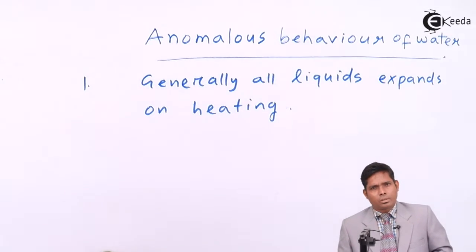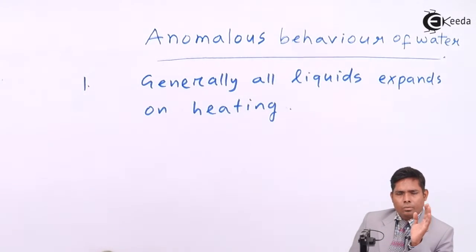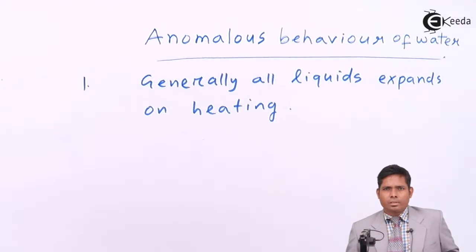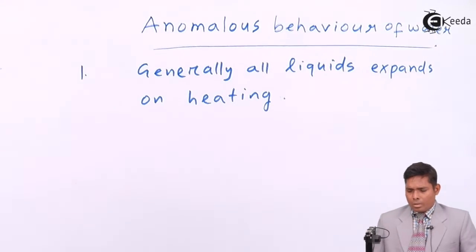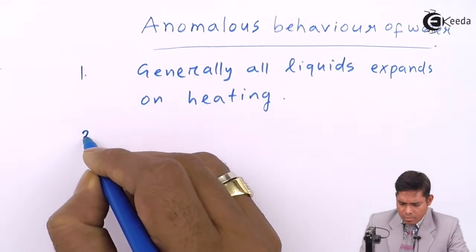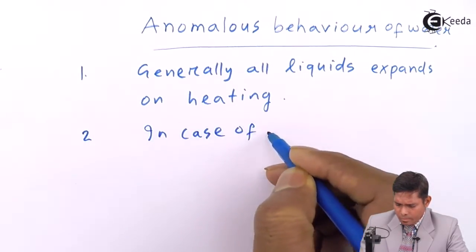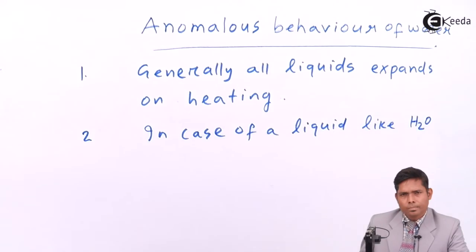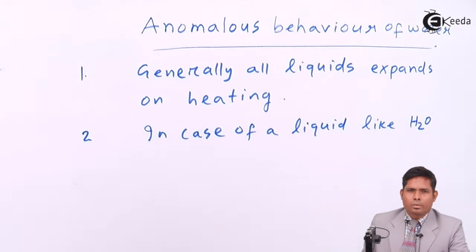That means if you heat water from 0 degrees centigrade to 4 degrees centigrade, instead of expanding, it contracts and its volume decreases. So a liquid like water contracts on heating from 0 degrees centigrade to 4 degrees centigrade.